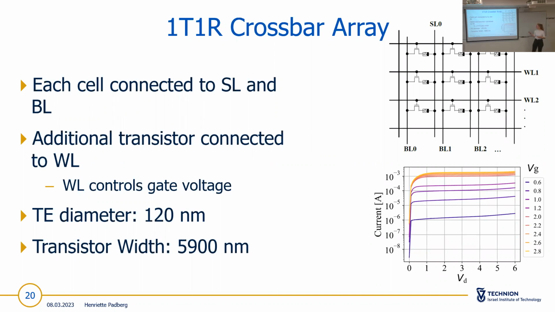It's also needed, if you want, for example, to choose this cell, that you open the word line to open the transistor, and then you have selected this one cell. The top electrode diameter is 120 nanometers, and the transistor width is 5,900 nanometers. What you can also see here is the transistor characteristic, that means the measured current for different drain voltages for different gate voltages.